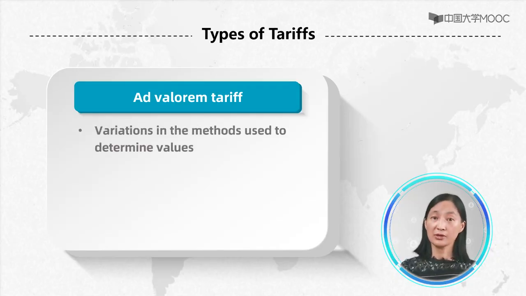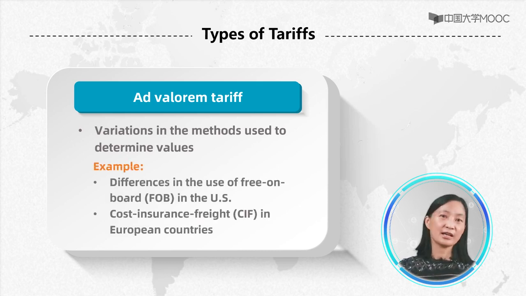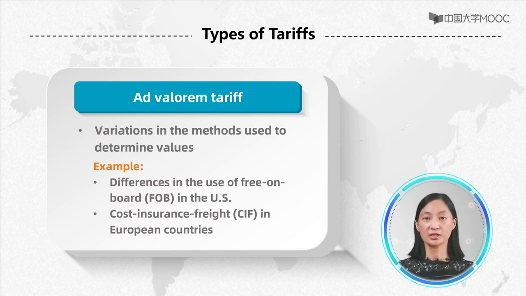Another customs valuation problem stems from variations in the method used to determine a commodity's value. For example, the United States has traditionally used the free on board (FOB) valuation, but the European countries have traditionally used a cost, insurance, freight (CIF) valuation.